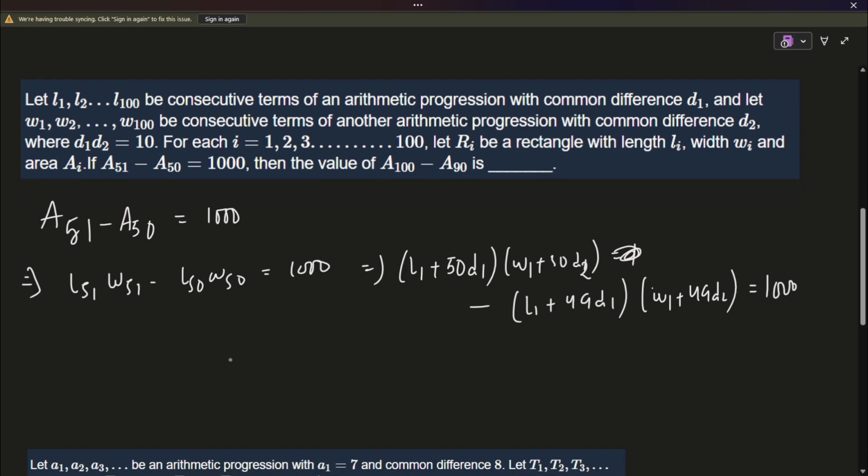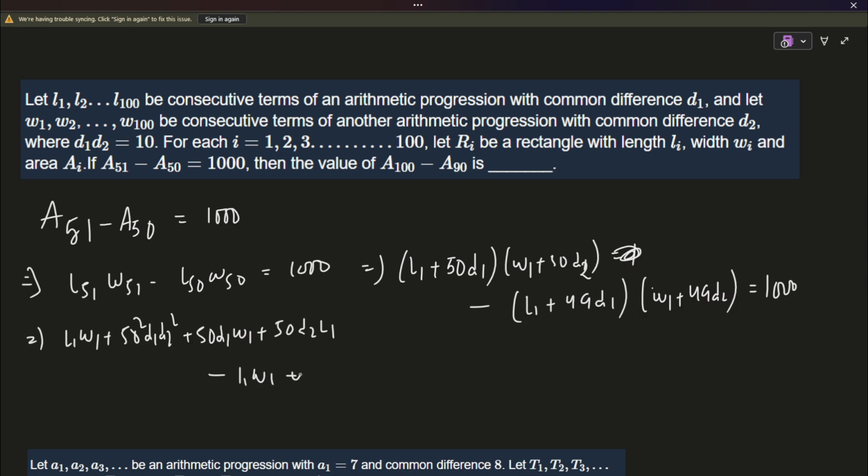Okay, I will just solve this part so that we get an idea of what we are doing. This gives you basically L1 W1, and then you have 50 squared d1 d2, and then you have 50 d1 W1 and 50 d2 L1, minus again L1 W1, minus 49 squared d1 d2, and again minus 49 d1 W1 minus 49 d2 L1, and this is equal to 1000.